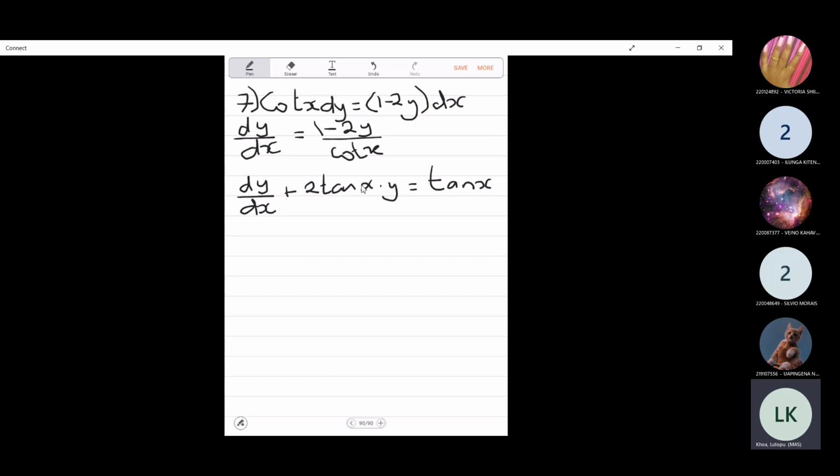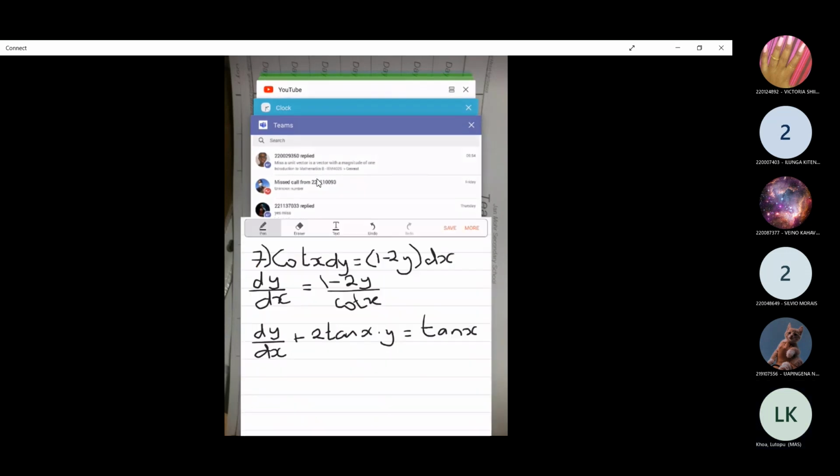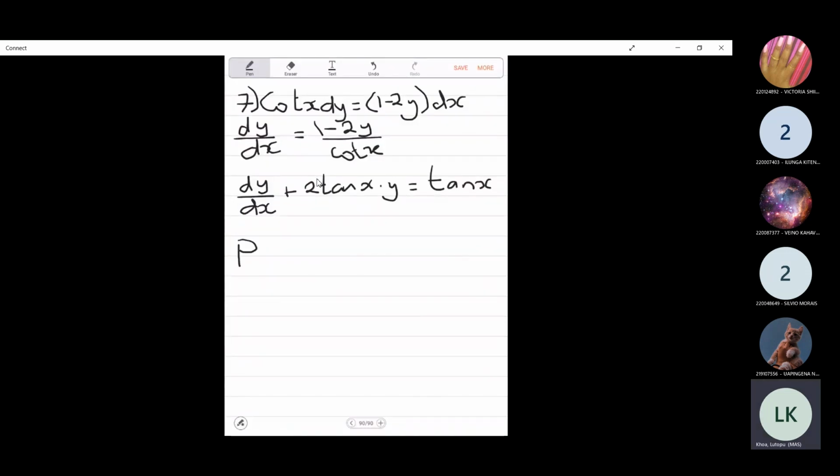Then we can see that this is our P. So P is equal to 2 tan x, and our integrating factor is e to the integral of 2 tan x dx. So we've already integrated this before.